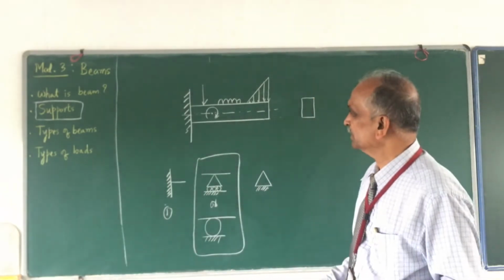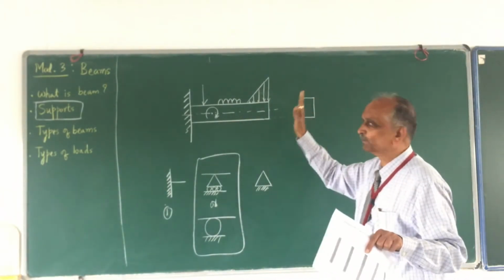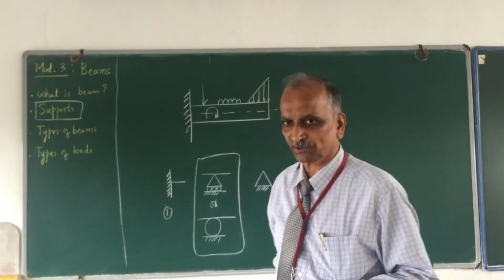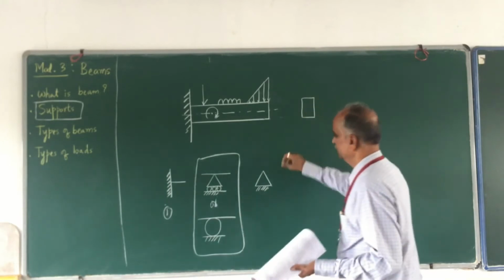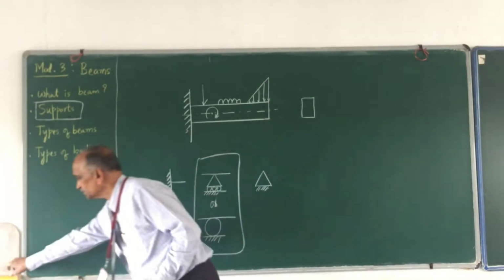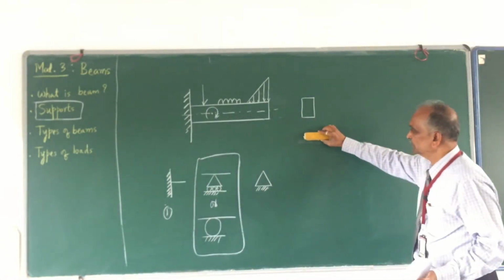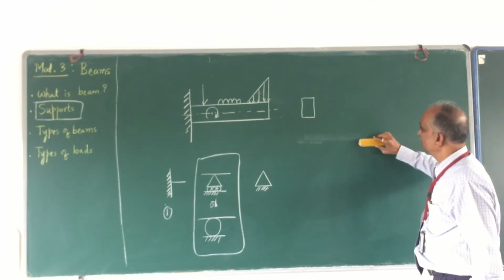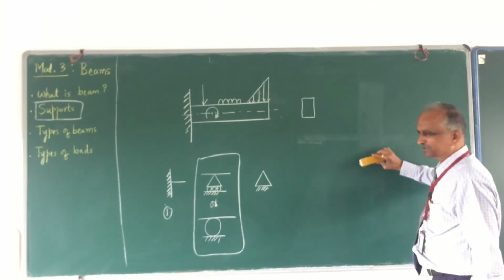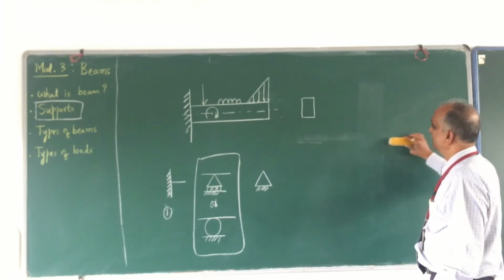So what are the different possible movements of the beam? Here we are talking about planar forces. Imagine that this is a beam. What can it move? It can move along a horizontal line, or along a vertical line. Any inclined line is a combination of horizontal and vertical.